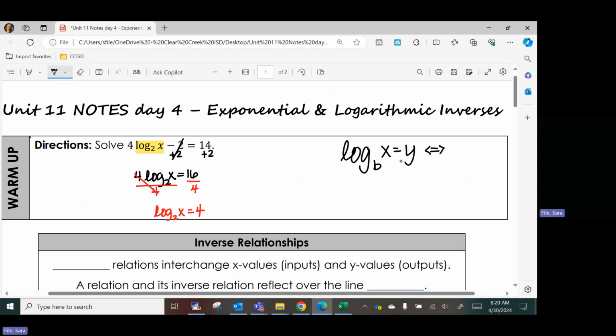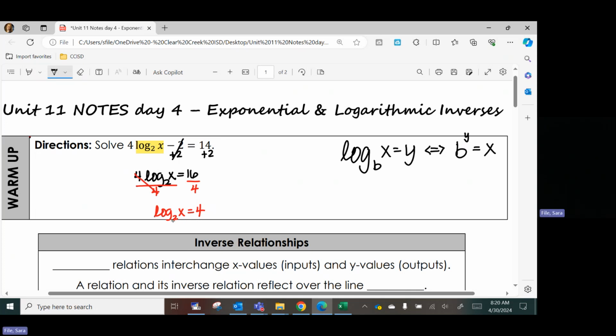The base becomes the base of the exponential. What the log was equal to is the exponent, and the argument of the log is what the exponential is equal to. So when you're converting back and forth between forms, you need to remember that conversion, I guess, is what you could call it.